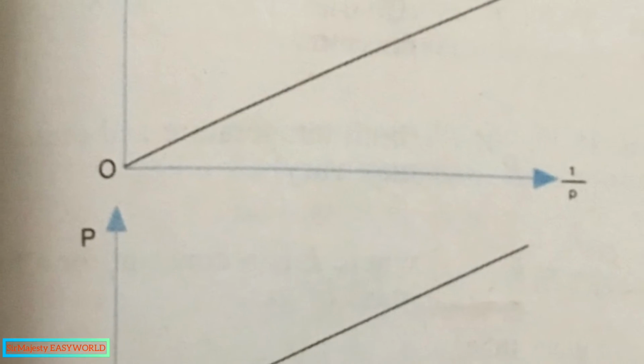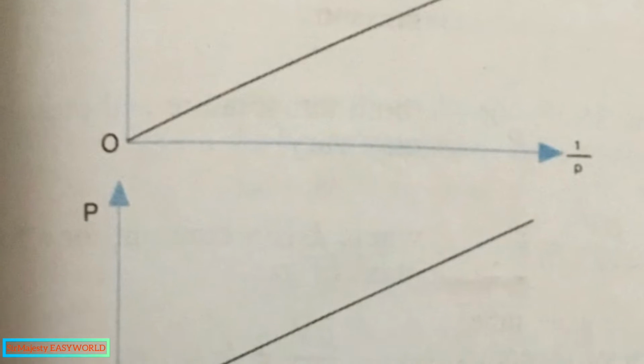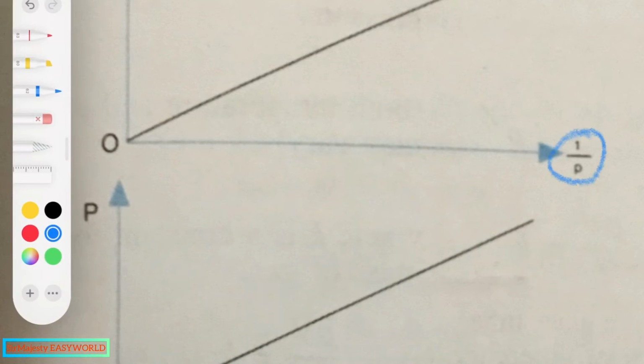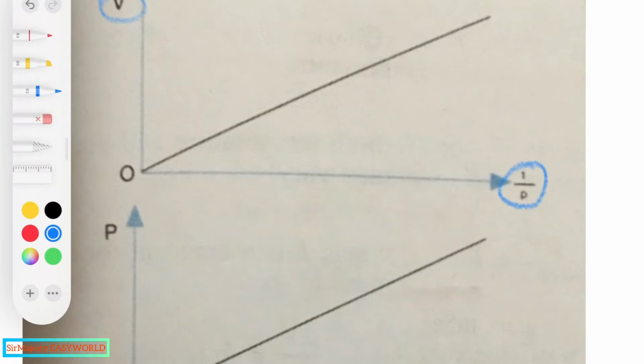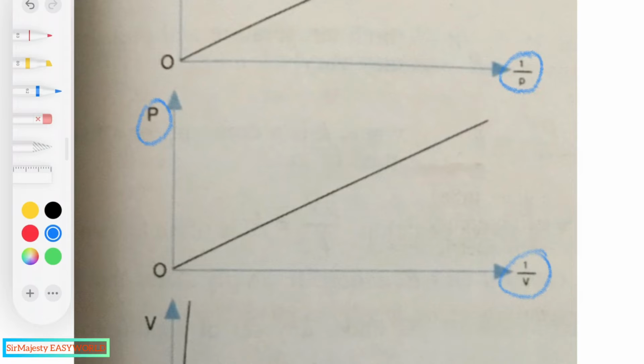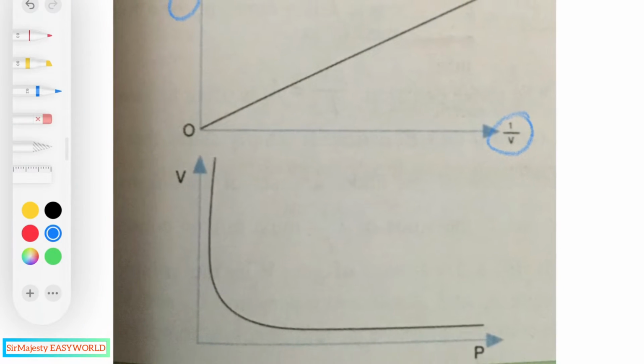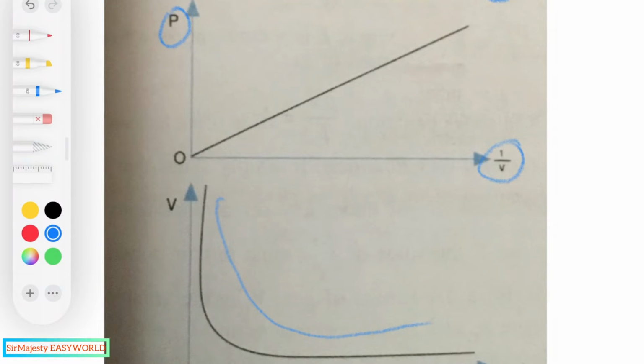Like I told you, here is volume over 1 over P. In the other case we had P over 1 over volume, the same thing. That's here, that's here. Then over here, volume is plotted against pressure. You still have that curve in this form, and these are the graphical representations.